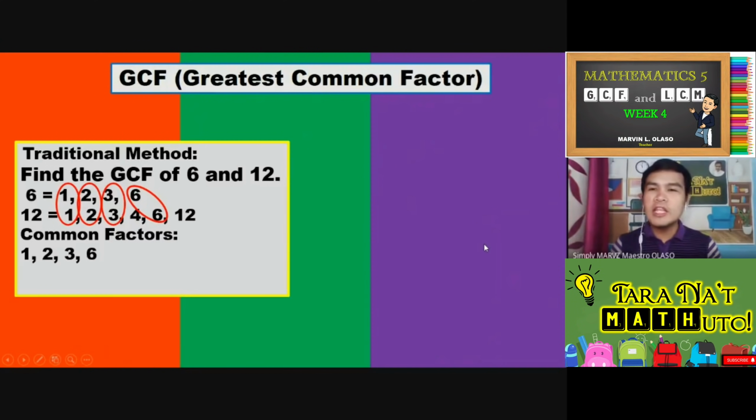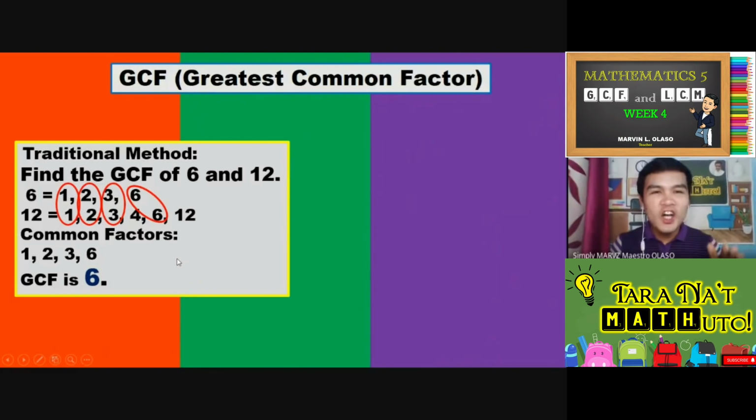So kapag tinanong ka, what are the common factors of 6 and 12? Ang isasagot mo is 1, 2, 3, and 6. Kasi pareho silang may factor na yon. Now, let's proceed to the greatest common factor. Out of the common factors, doon sa lahat ng common factors, alin yung pinakamataas? Okay, yung pinakamataas, yun yung ating greatest. Okay?